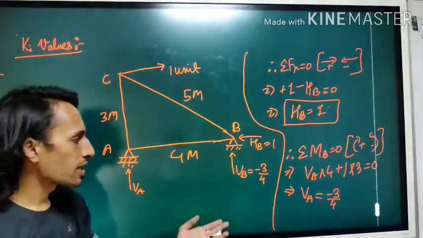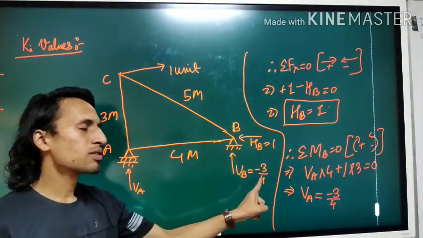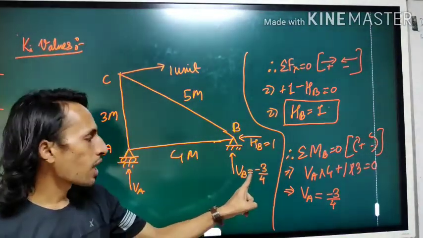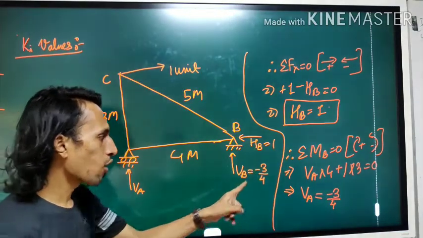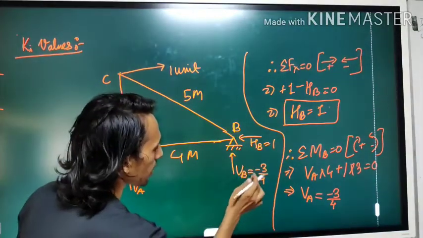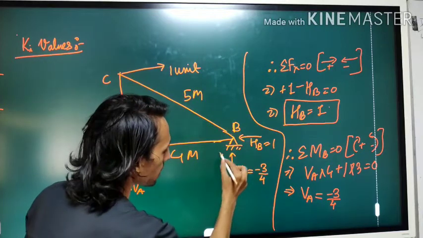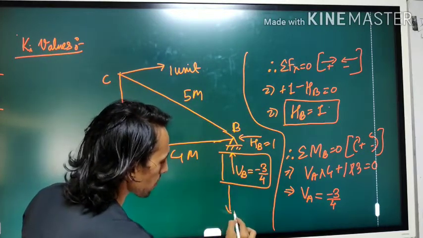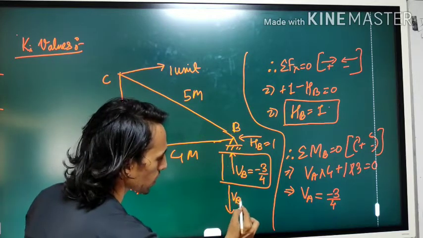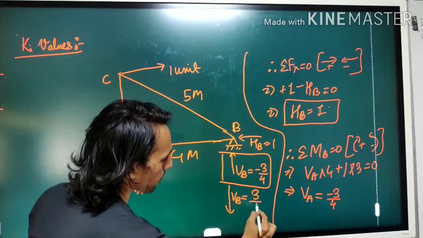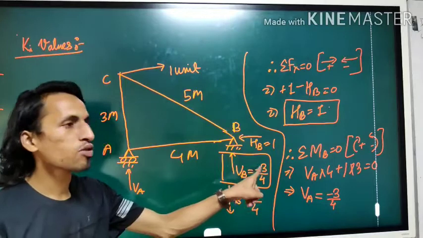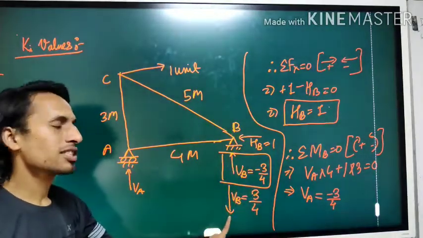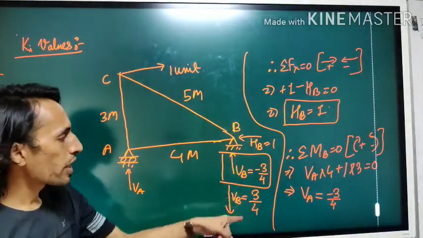Now I can do one thing. Either I can keep this value as minus, or I can change this. This is also correct. I can also change this so that it is equal to 3 by 4. I have removed the minus and changed the direction. So you can use either.